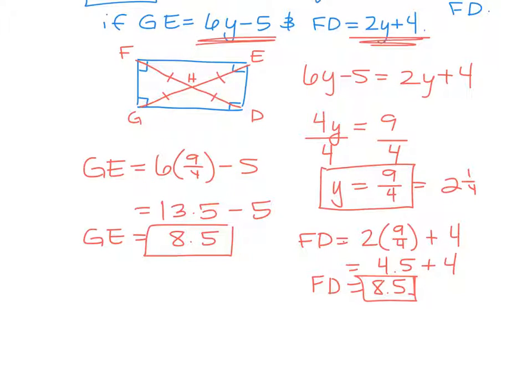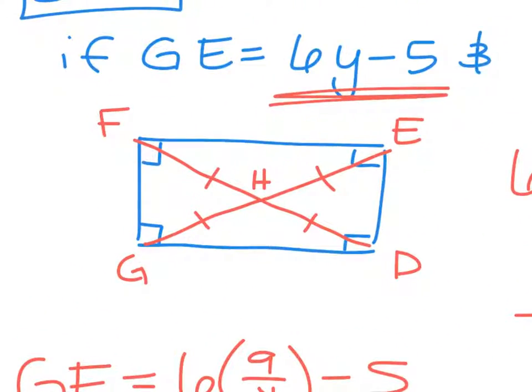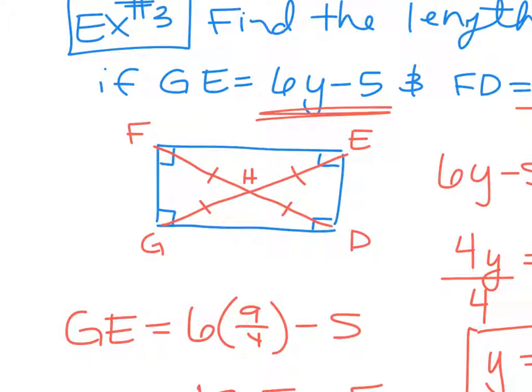Okay, here's my question then. Look at that picture. What is this? It is an isosceles triangle, right?